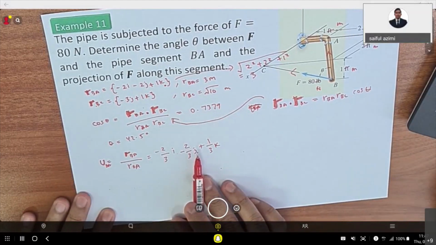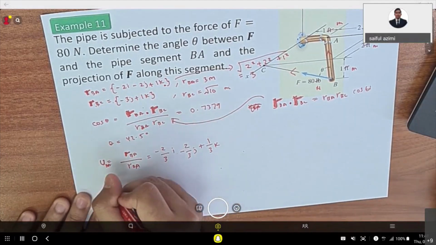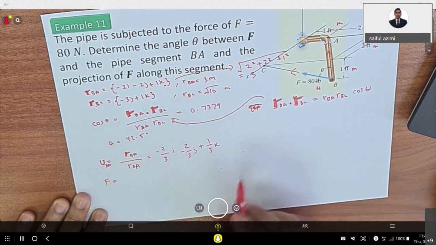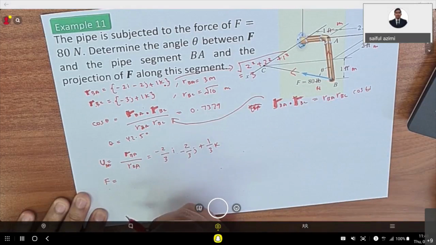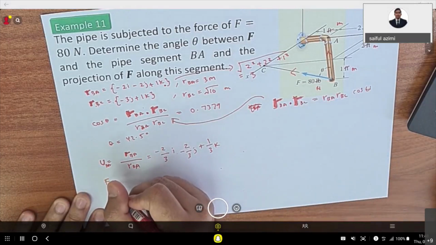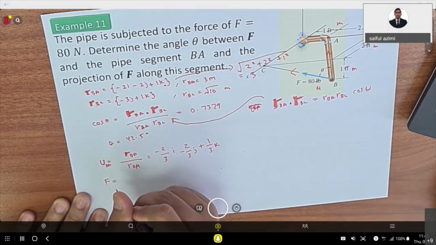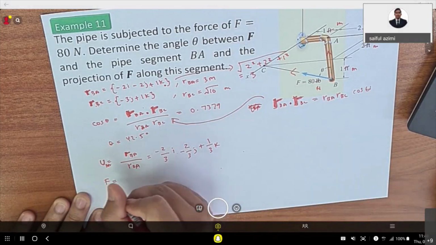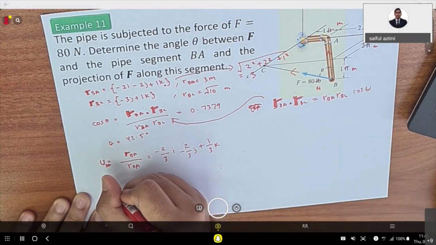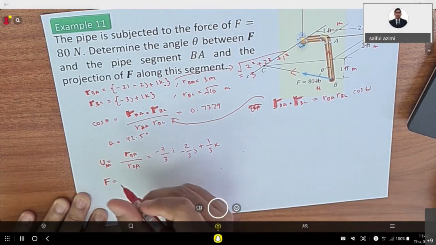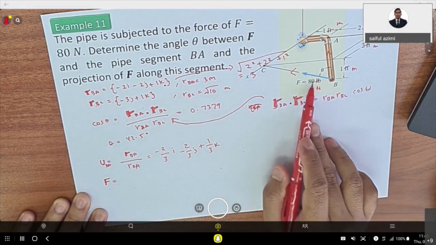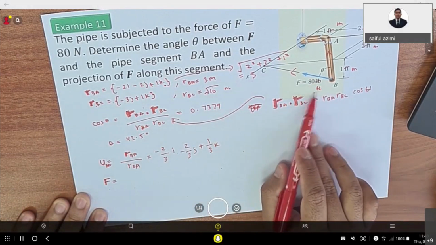And then the force vector, the F along AB. So F equals the force vector AB, and you have here 80 Newton. It is not the pound, it's Newton.